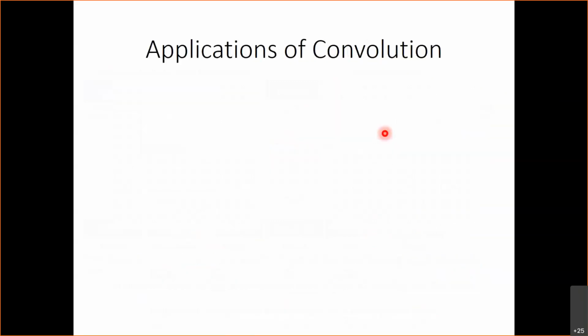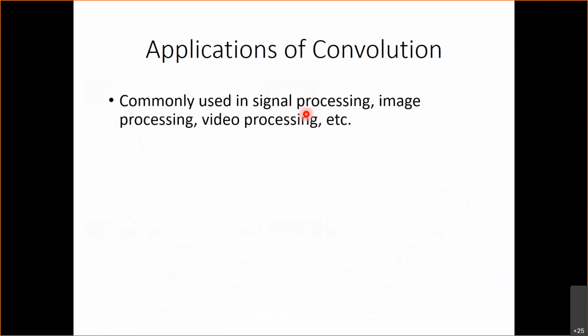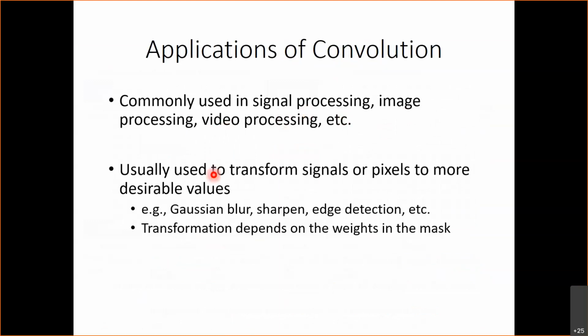Well, convolution, it turns out, has many applications. It's commonly used in signal processing, image processing, video processing, and it's usually used to transform signals. These could be one-dimensional signals or pixels, like in images. So these could be 2D, into more desirable values.